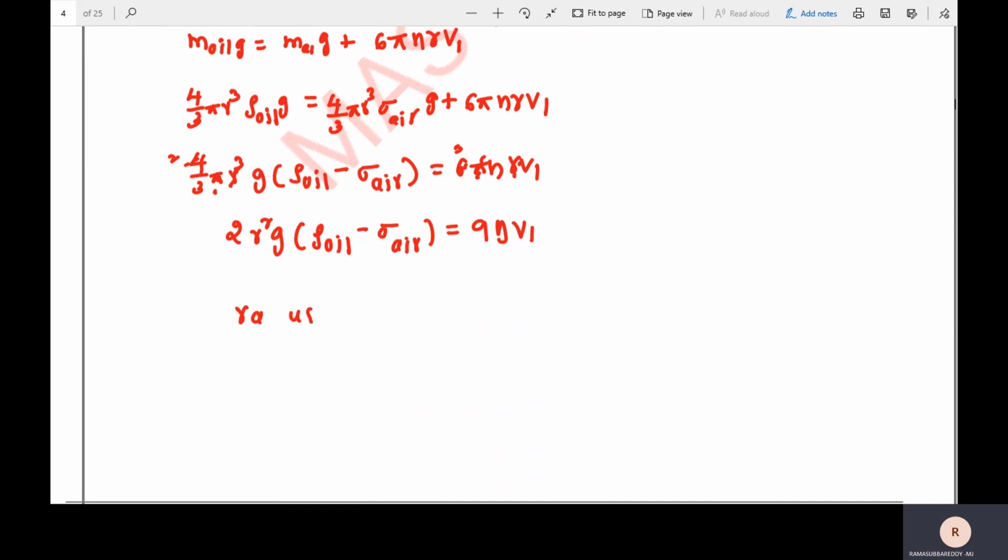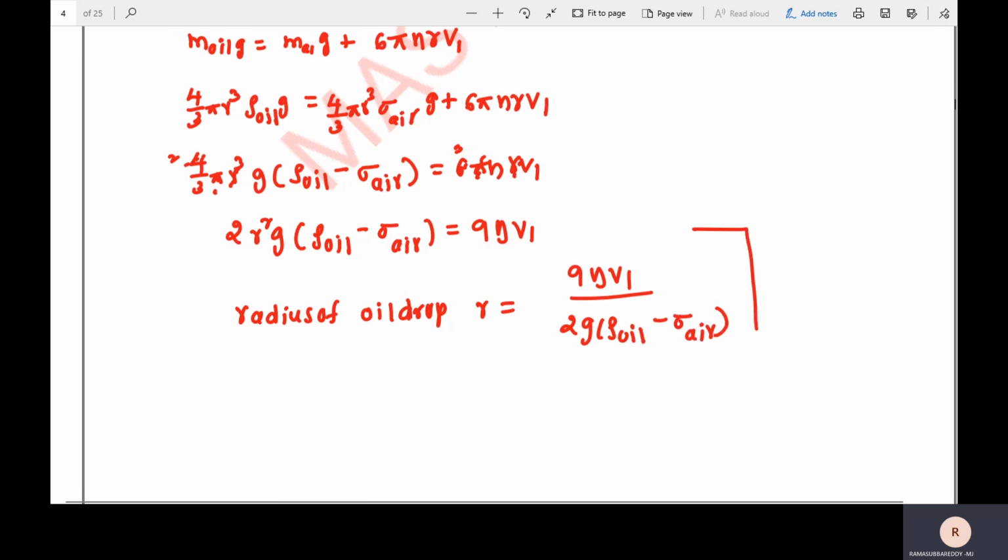The radius r is equal to, all this will come to the denominator, 9 eta v1 by 2g density of oil minus density of air, all to the power of 1 by 2. Okay, this is important. That is our radius of the oil drop.